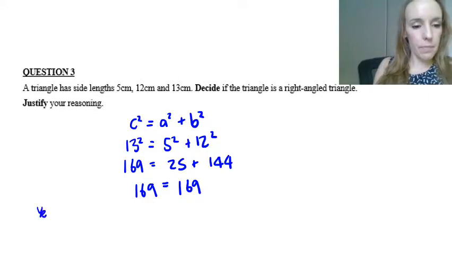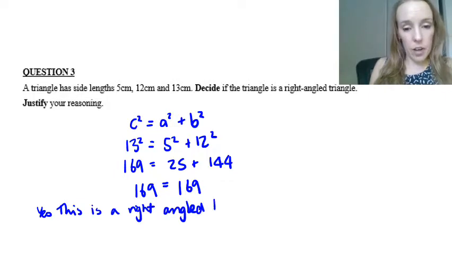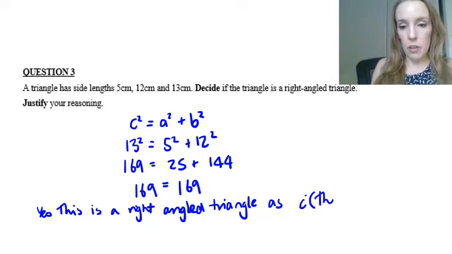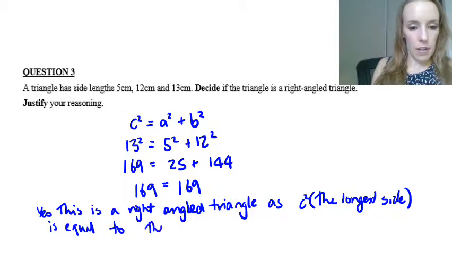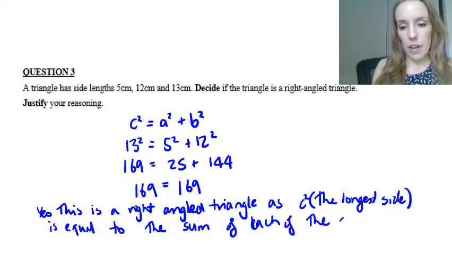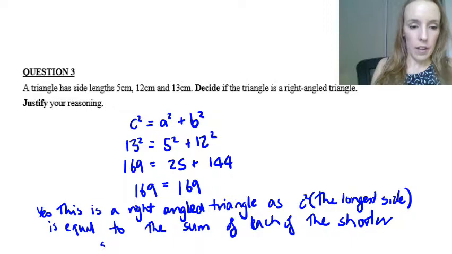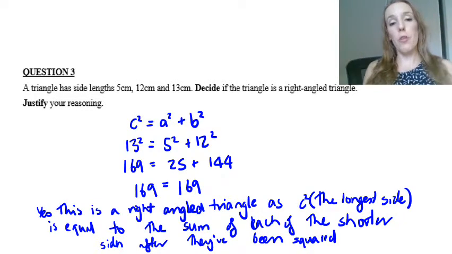So we would say, yes, this is a right-angled triangle, as c, which is the longest side, is equal to the sum of each of the shorter sides after they've been squared. There we go. So easy way to prove that was a right-angled triangle.